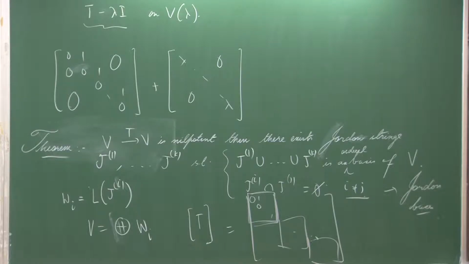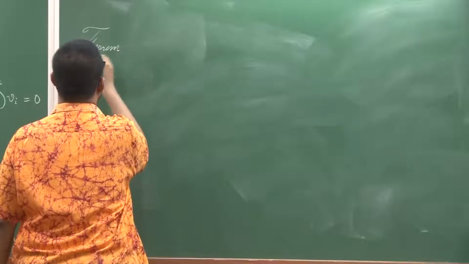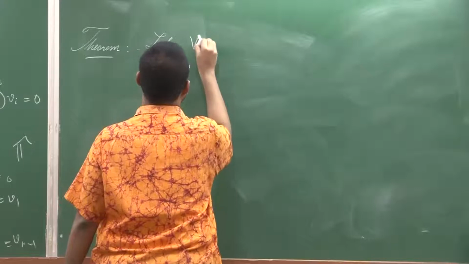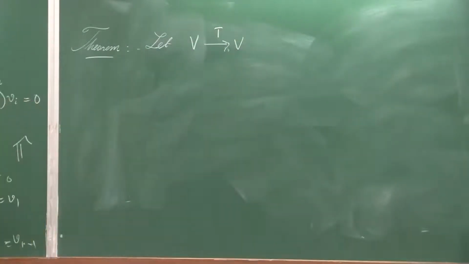So, this is the general theorem. Let V be a finite dimensional vector space and T be a linear operator.